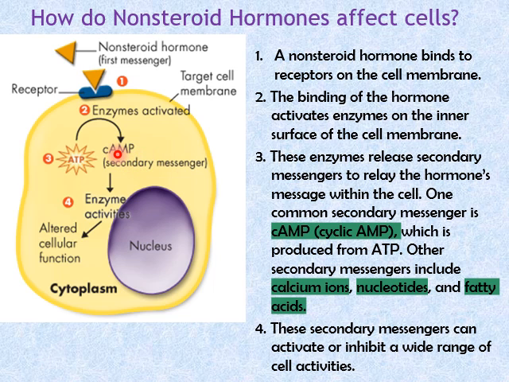This cAMP usually influences the enzymes in our cytoplasm, which in turn bring about change in cellular function. So the secondary messengers can activate or inhibit, for that matter, a wide range of cellular activities.